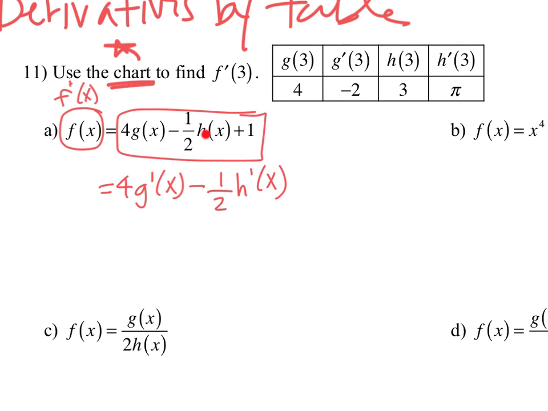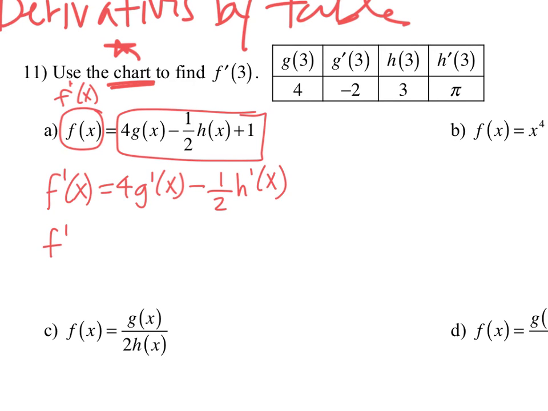I don't care what h of x is, but I know that whatever the derivative of h of x is going to get multiplied by that constant. And this is 1, and the derivative of 1 is 0, so I'm not even going to write it down. So f prime of x is equal to constant coefficient 4 times g prime of x minus constant coefficient 1/2 times h prime of x.